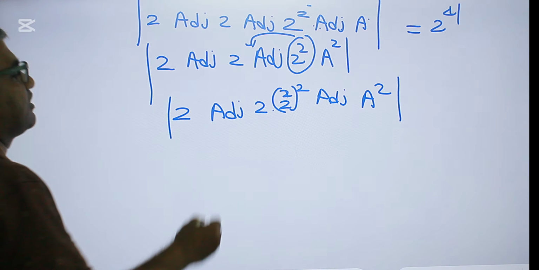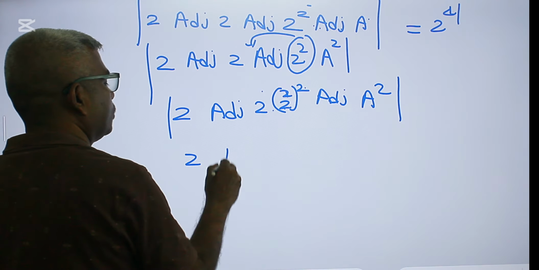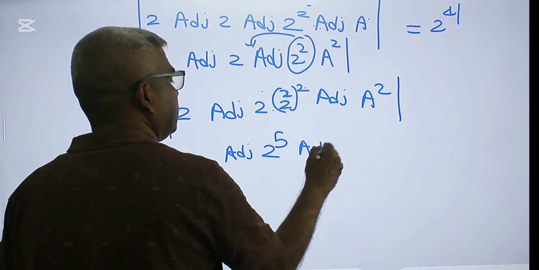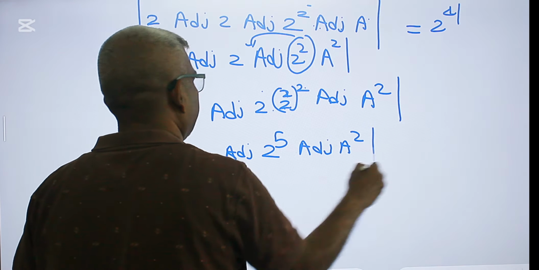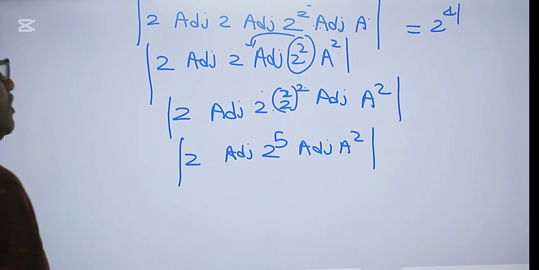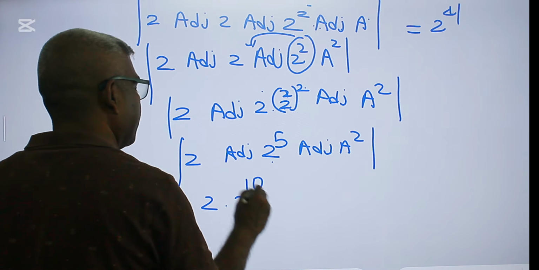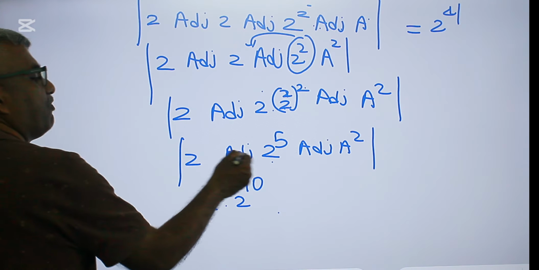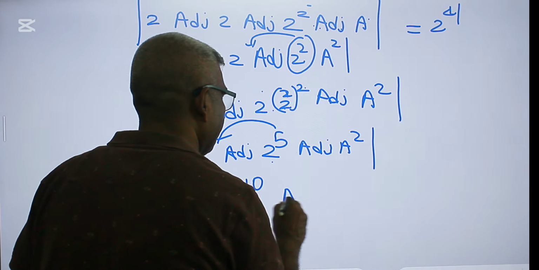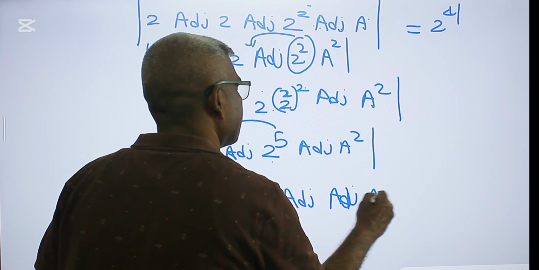So what is left here? 2 power 1. This is 2 power 4. So 2 power 4 times 2 power 1 is 2 power 5, adjoint A squared. 2 power 5, if you take it out, it will be power 10, because from this adjoint I am taking out. So 2 power 10 adjoint A squared.